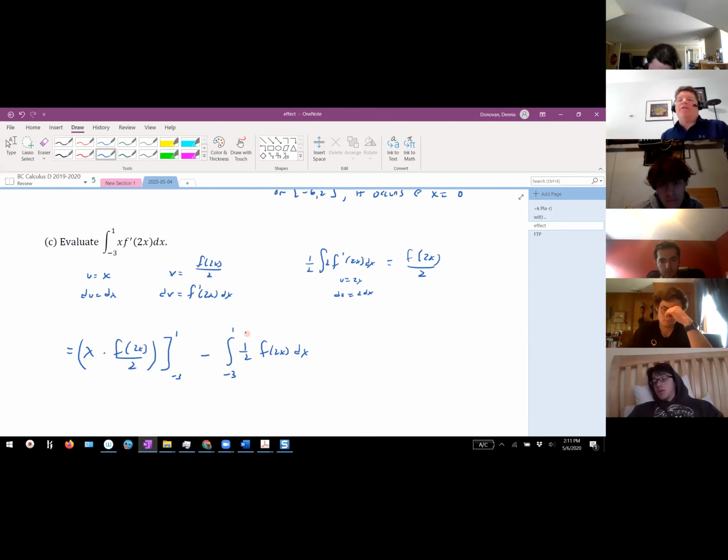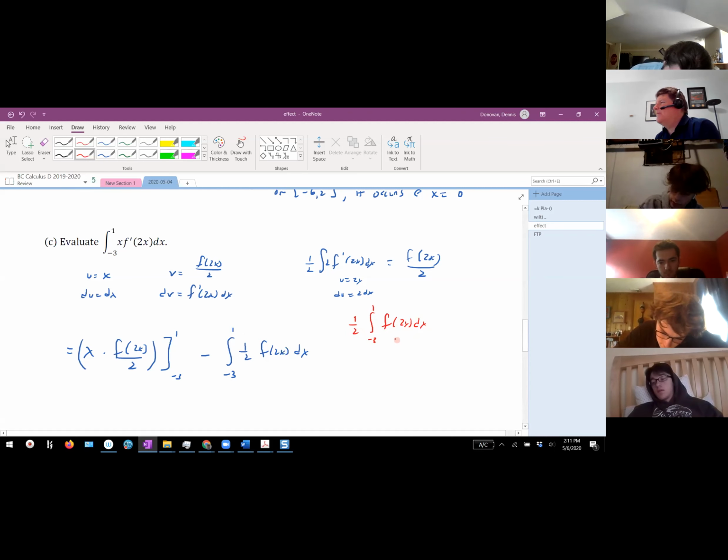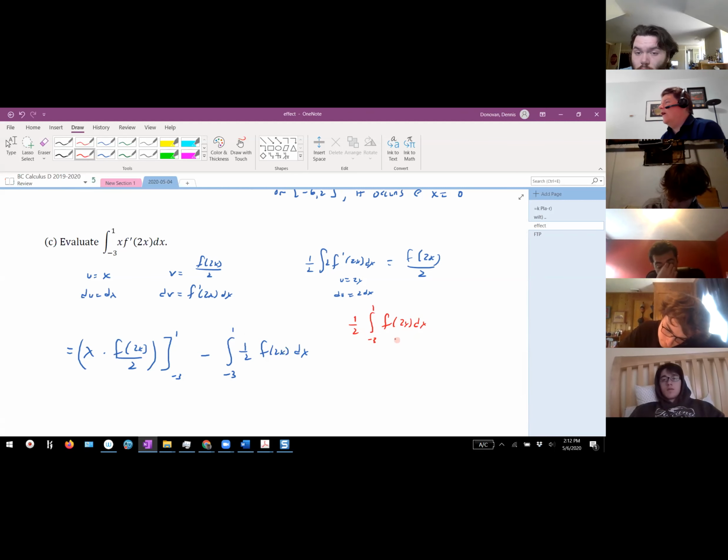So the first thing is, I'm going to pull that 1/2 out front. Well, I'm looking at the graph of f of x, aren't I? I'm not looking at the graph of f of 2x. It's a totally different graph. Okay?